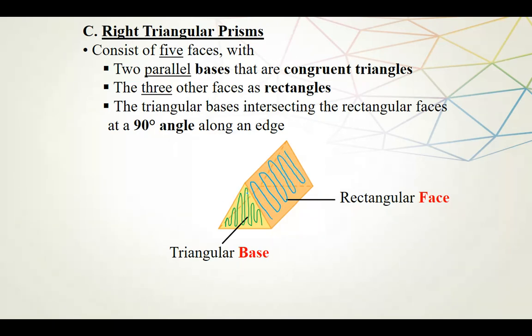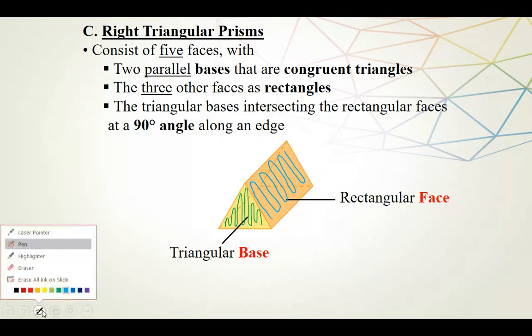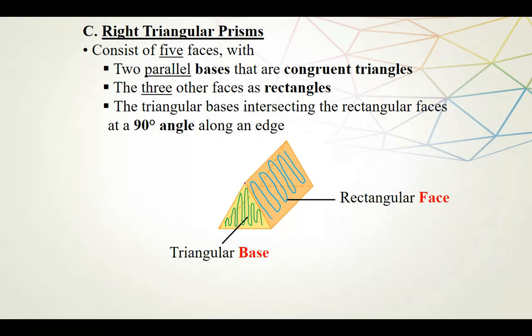I'm just going to look at the angle between this base and this rectangular face. I'll do that in purple. If I look at the angle between this edge and this edge right here, this angle, I can try to draw a small square in 3 dimensions, is a right angle. And all of your triangular bases intersect the rectangular faces at a 90-degree angle.